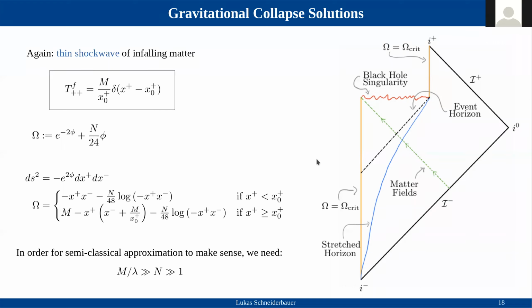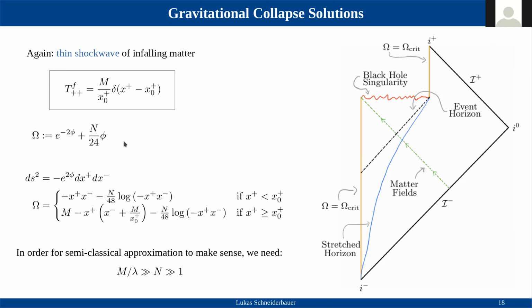Question about notation. So what is capital omega? Omega is defined by this expression here. It's just a rewriting; it's simpler to write down solutions if we define omega by this field. So what you do is solve the equations of motion coming from the action that included the semi-classical corrections.